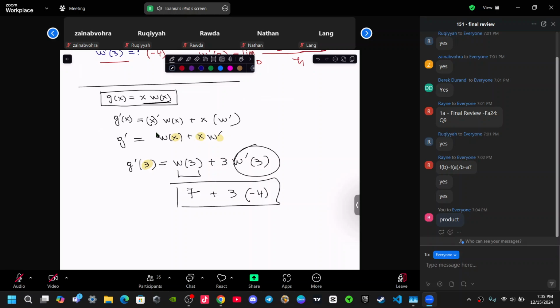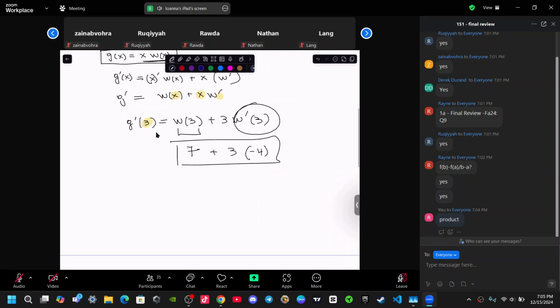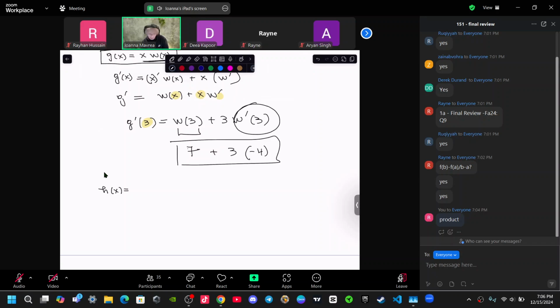Okay, suppose, let's stick with this for a second, and then we'll go to the other parts. So suppose you were also asked, here's a function h that's equal to W of square root of x.